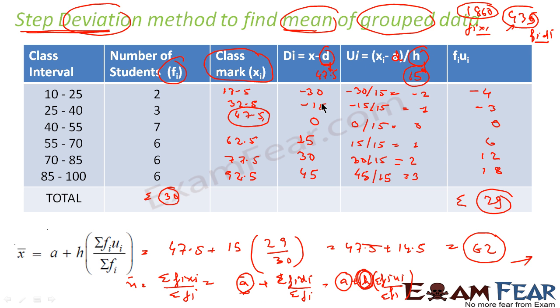You divide here, you multiply here. You subtract here, you add here. You subtract this value of A, or you can call it D or whatever you want. This is A, let's suppose. So you add A, and since you divide by H, you multiply.